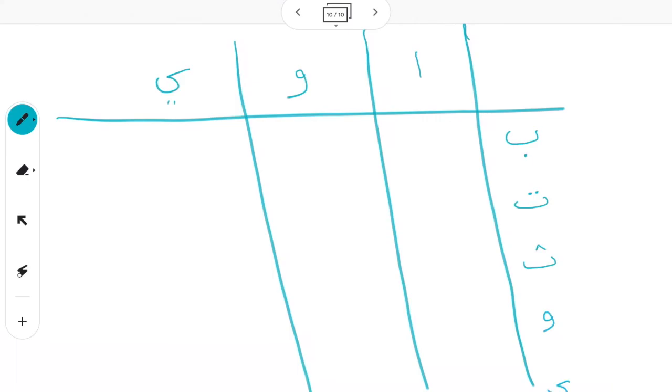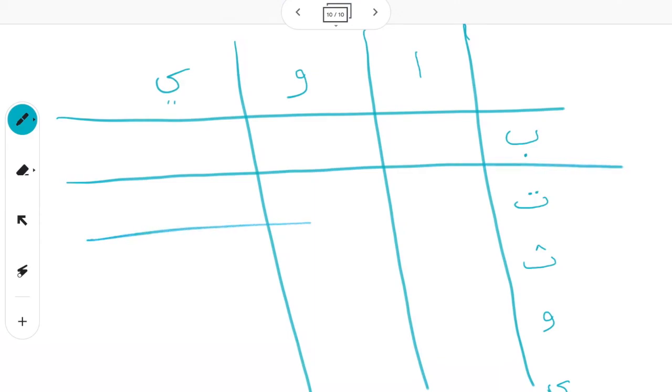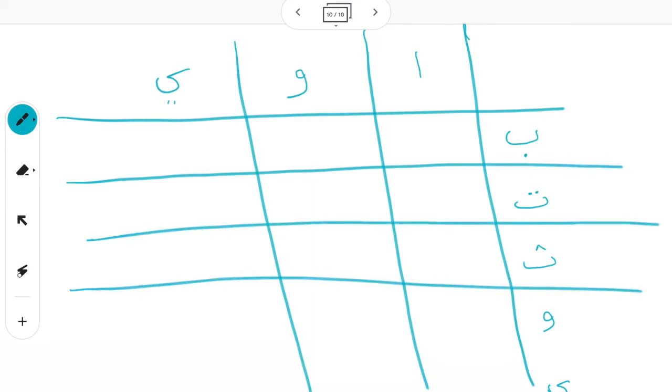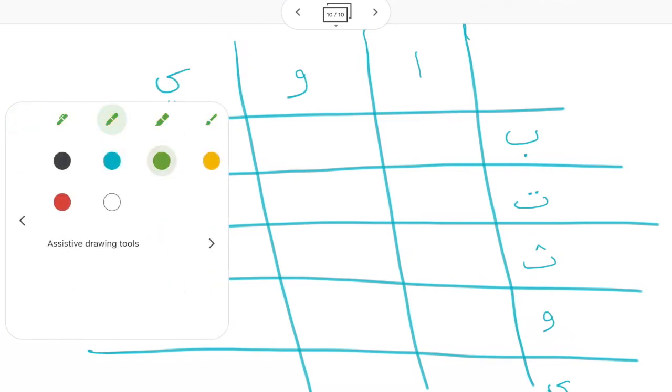And now wow and ya are also consonants because remember they have two sounds. So pause, make this chart, and come back.